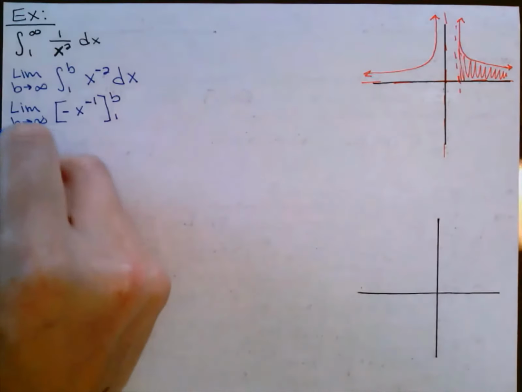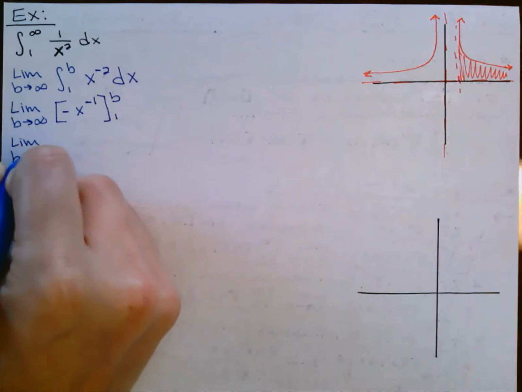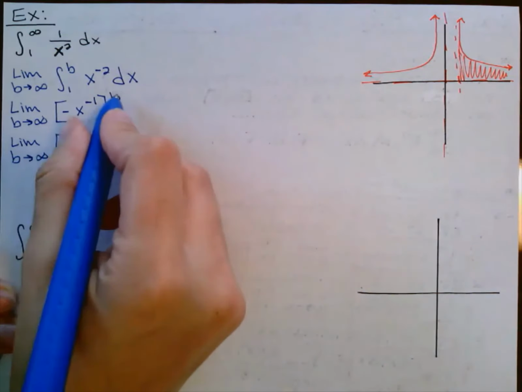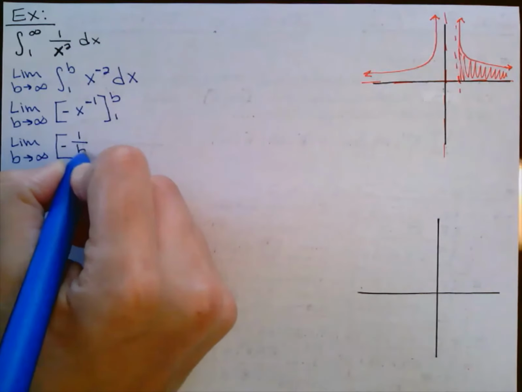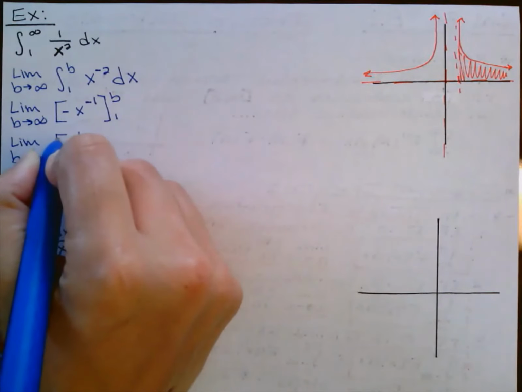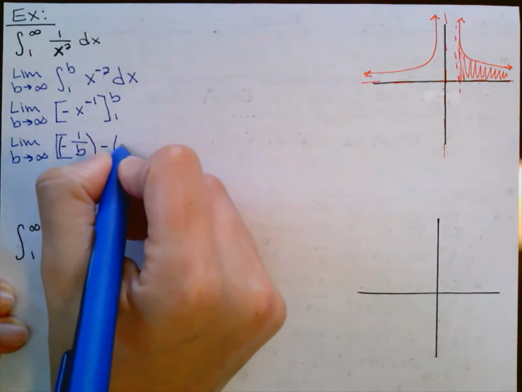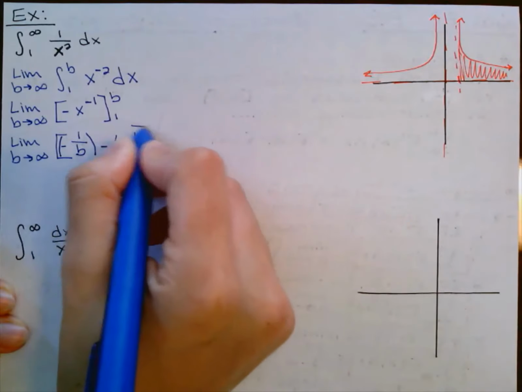Still haven't plugged in that infinity, so I need to rewrite my limit. And now I'm going to do my f of b. Now I'm going to write this as 1 over x, but instead I'm plugging in my b minus my function at a, which in this case is 1.